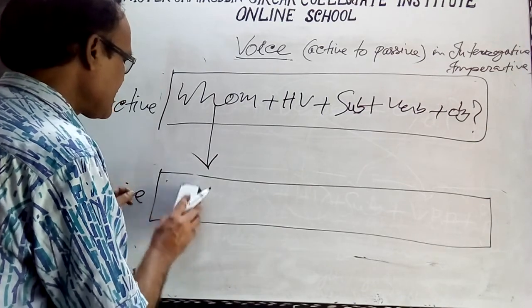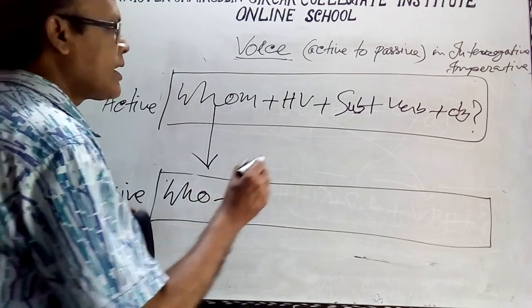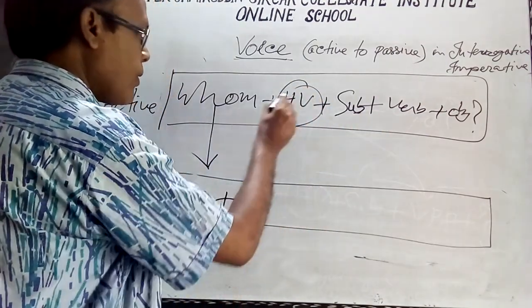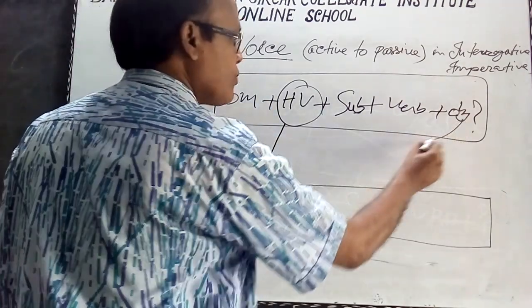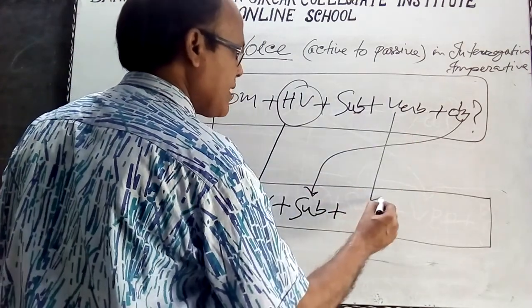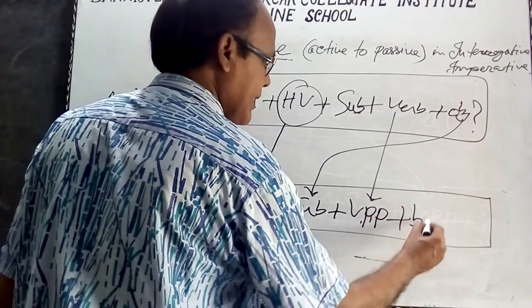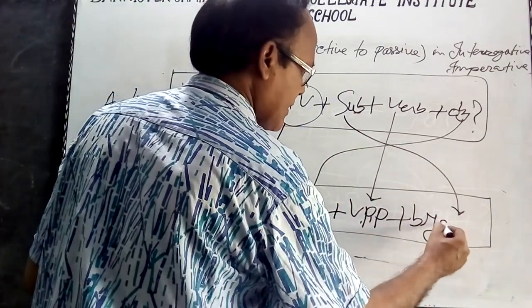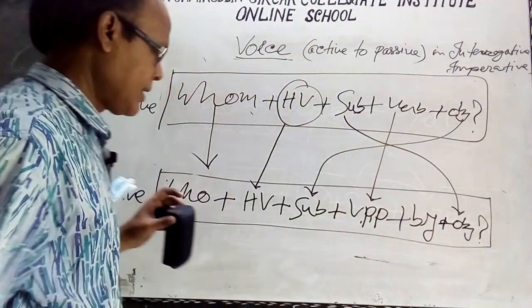We must begin the sentence with who, and according to the tense, we must put here an auxiliary verb, then the object will be the subject, then the verb will be in the past participle form, and then by, and the subject will be the object, and the interrogation mark.